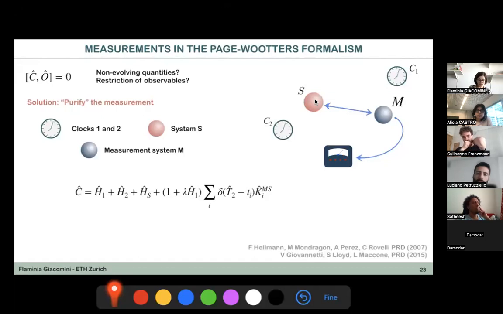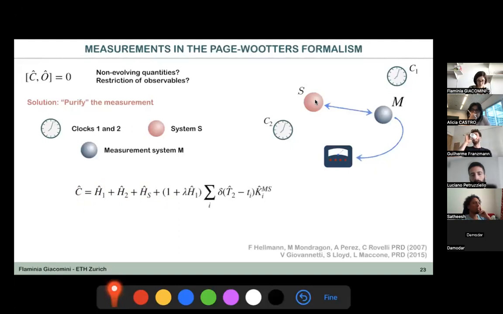This means that I have to modify my constraint in this way. If I do it this way, I can make sure that this observable commutes with the constraint, and the measurement device does not have some other Hamiltonian that I add here.